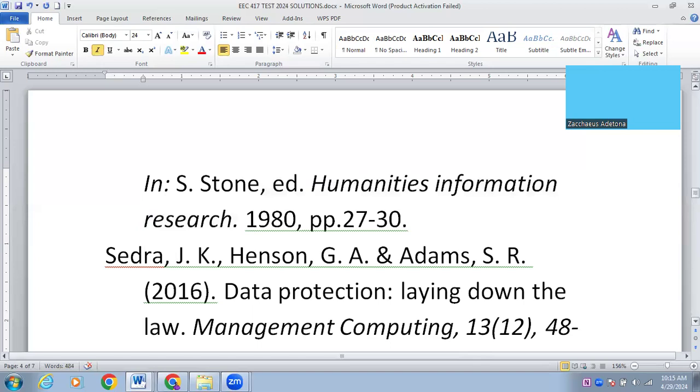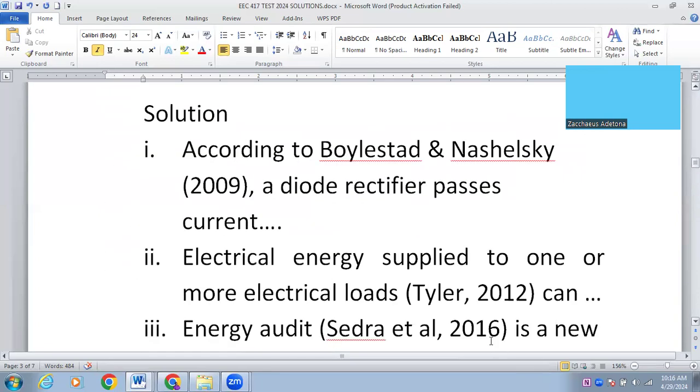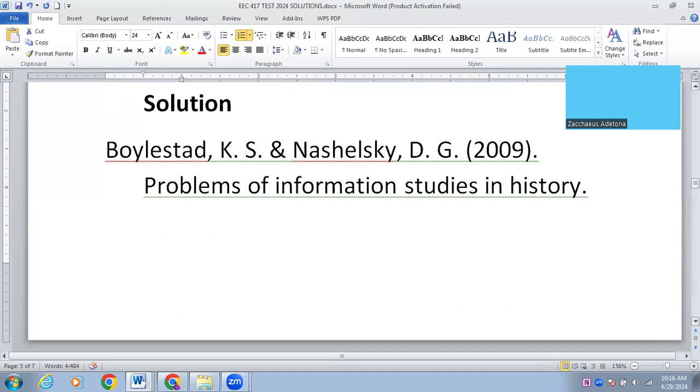Now we have Cedra JK. Cedra JK is one of the items we have cited in the in-text citation in number 2. If you take note of the third one here, we have Cedra as the first author and the year of publication. But remember, we use Cedra et al., meaning that they are more than one person, and in this case, they are actually 3. So we want to see the 2 other authors along with Cedra in the references list, and that's what we have here.